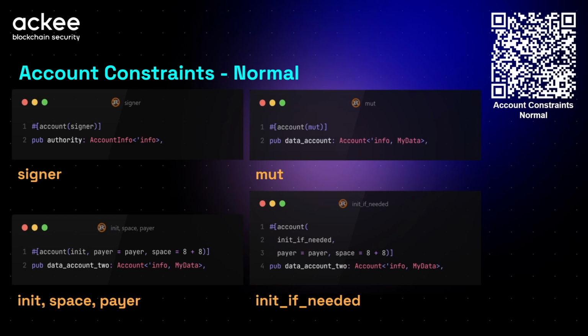In this case, you can see there is 8 plus 8. From the previous slide, I was talking about the discriminator, so in this case the first 8 bytes are for the discriminator, and the second 8 bytes are for the data field stored within the account.